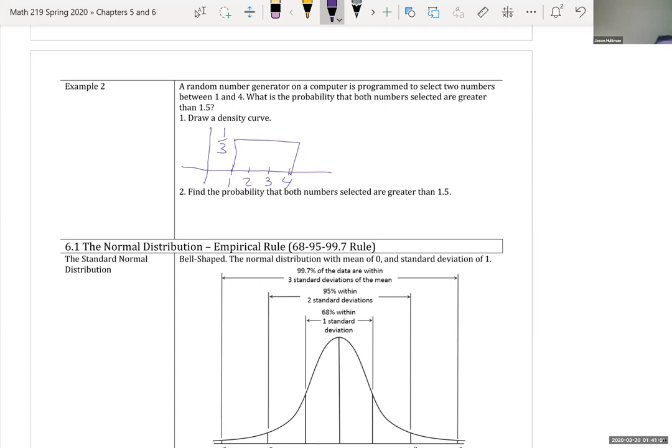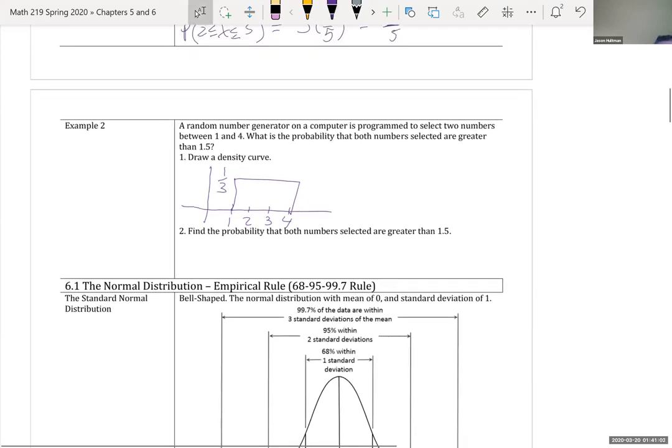Find the probability that both numbers selected are greater than 1.5. So 1.5 is here, and greater than 1.5 is going to be this. So we want the probability that x is greater than 1.5. Well, what's the width from 1.5 up to 4?